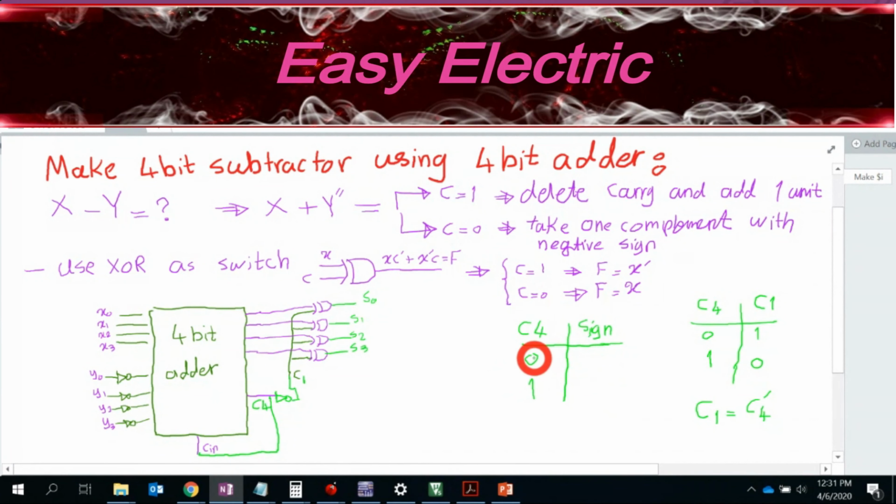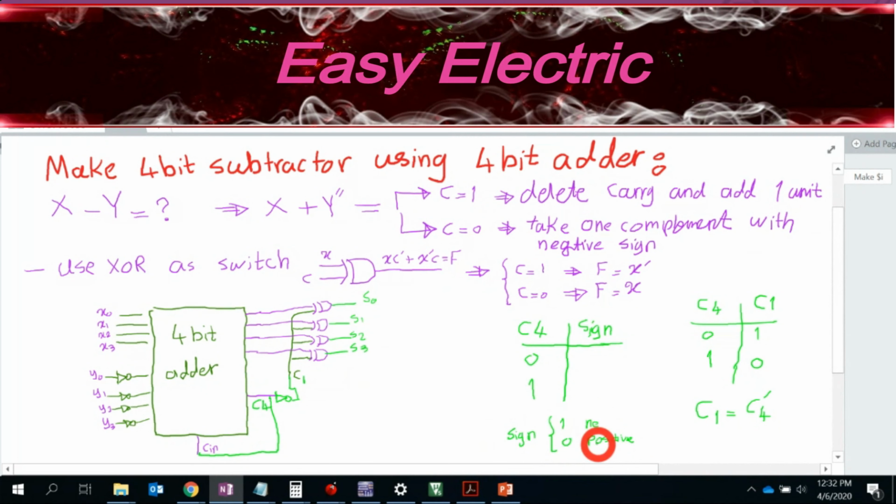So the C4 is 0. You tell me the number is positive or negative. We could write here, this is what I want to do. So the sign, I put as output. I call that sign. Whenever that output is 1, it means negative, and 0 means positive.